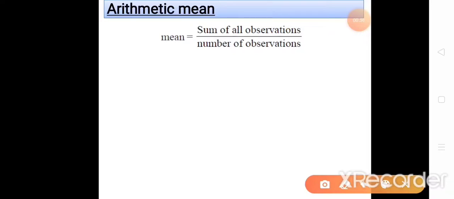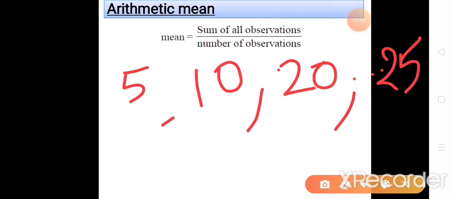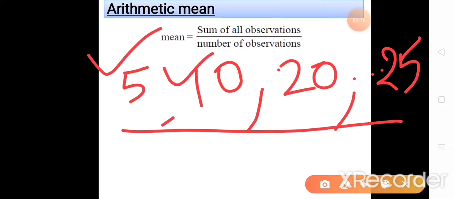So suppose you have collected for 5 of your friends, say 5, 10, and then somebody scoring 20 and so on, and the maximum is 25, and the maximum number of marks in that particular test was also 25. So this data that you have collected can be termed as the observation. Each one of them is termed as an observation.